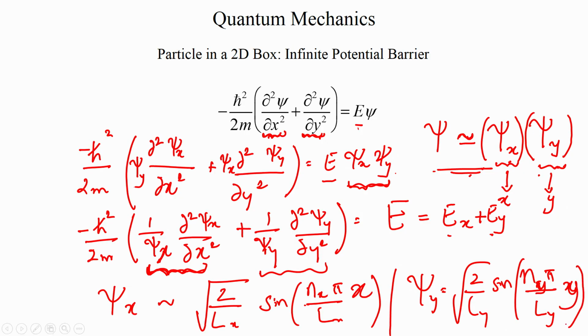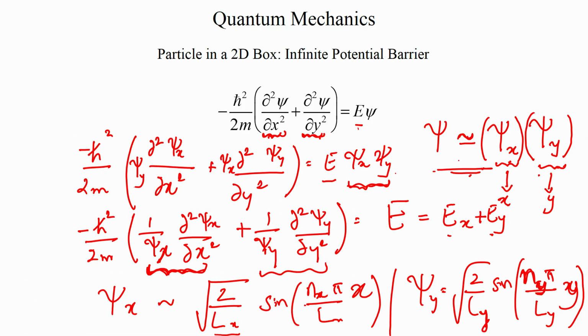Okay. So this is psi x, it depends on the length of the box in the x direction, and it depends on a quantum number or an integer nx. And on this side you have the psi y depending on the length of the box in the y direction, and another quantum number or integer ny to satisfy all the boundary conditions.